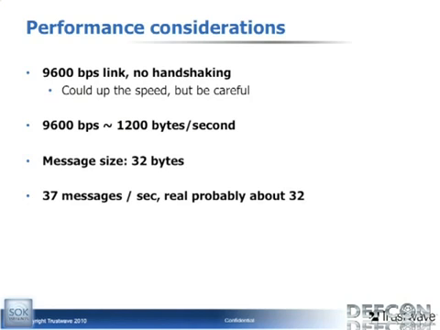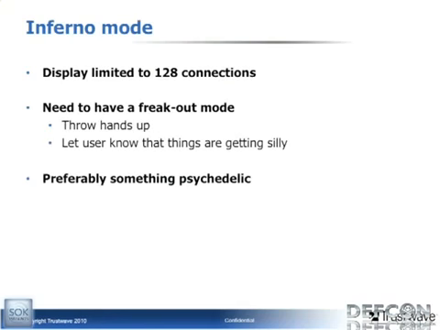So you have to do the math. I did the 9600 baud, 2 bytes, and I have 9 bytes or whatever. I did the math. I could get about top end 37 messages per second, probably realistically only about 32 messages per second. The other thing was, in session mode, I had this concept that you're going to hit a ceiling. You're going to fill up 128 lights, and then you're not going to know if you're getting port scanned. I really want that concept, of something's screwed up, right?